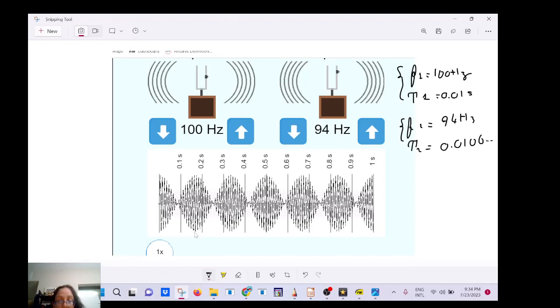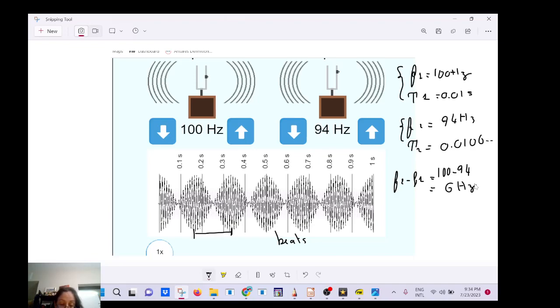That's going to be the period between here and there. So we find the frequency of the beats, by taking the difference between them. So it's going to be 100 minus 94, which is 6, right? 6 Hertz.